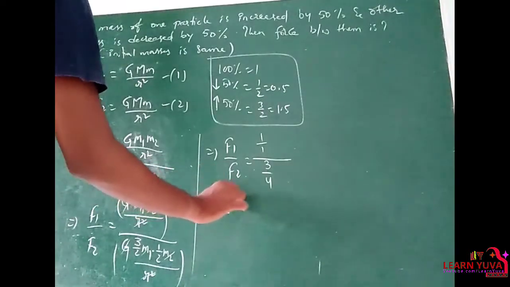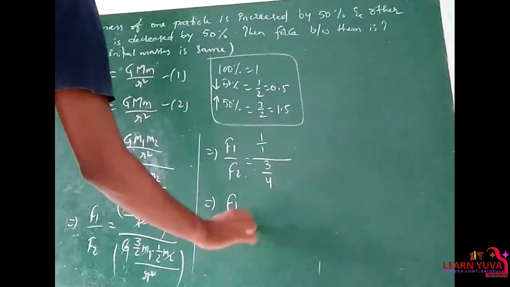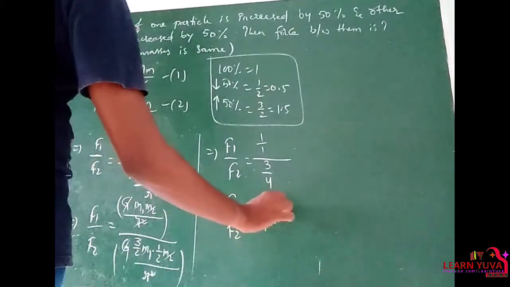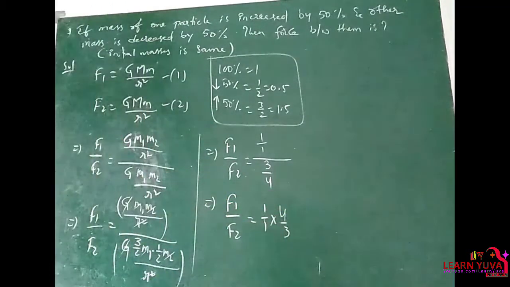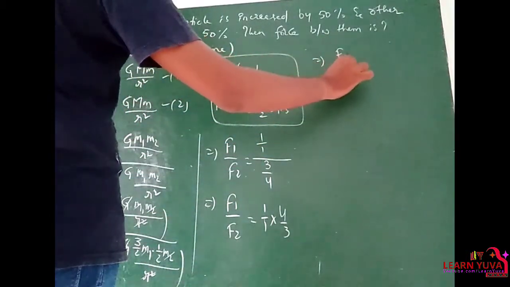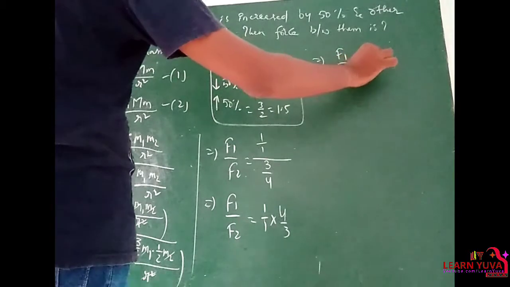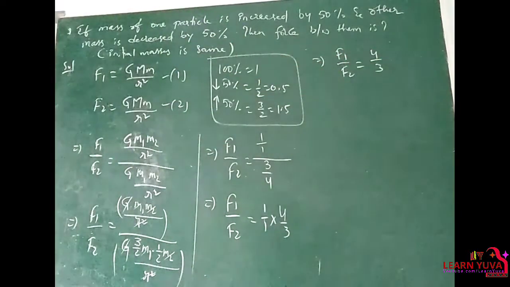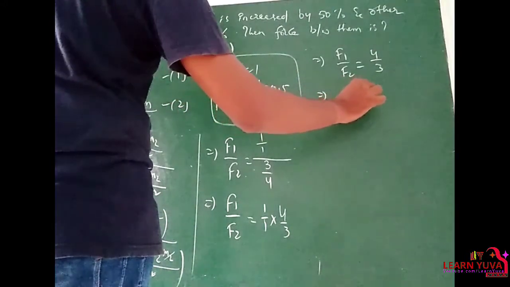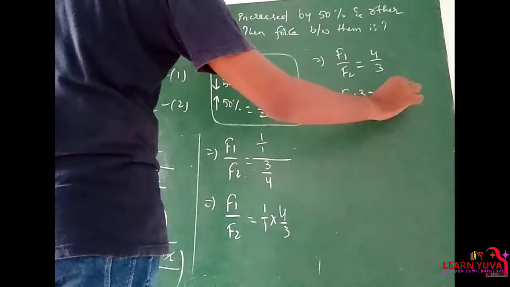So that implies F1 by F2 is equal to 1 by 1 into 4 by 3. That implies F1 by F2 is equal to 4 by 3. So by doing the cross multiplication, F1 into 3 is equal to F2 into 4.